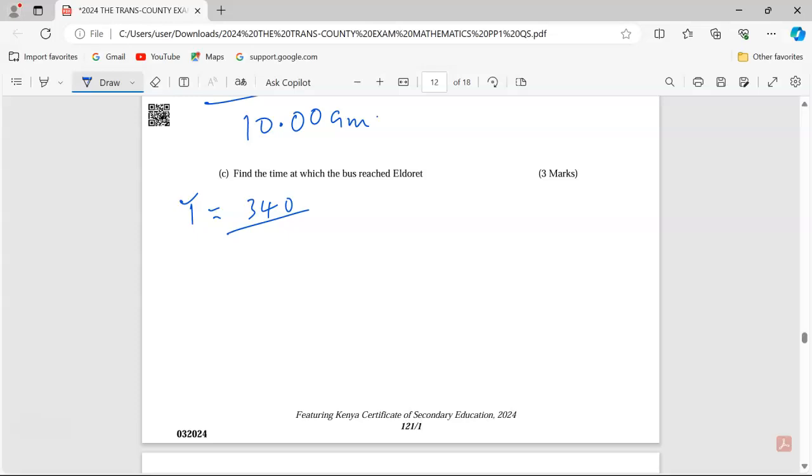Therefore, when we divide by 100 kilometers per hour, getting 3.4 hours is the total time taken, which means we can convert this into 3 hours. Then we also convert 0.4 hours into minutes by multiplying by 60. So I'll be having 3 hours 24 minutes. That is the total time taken by the bus.